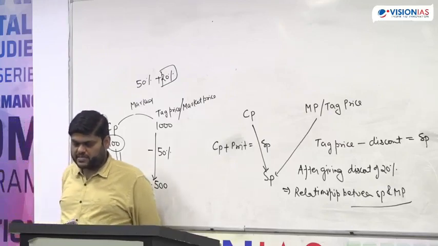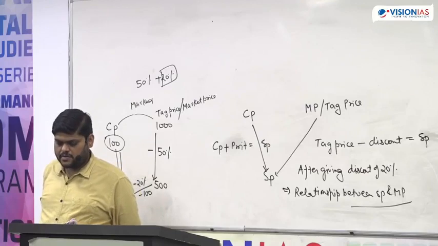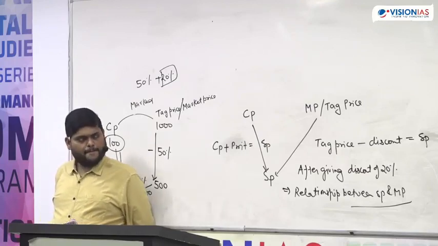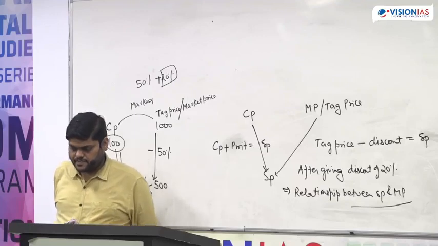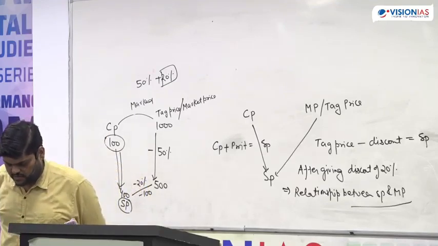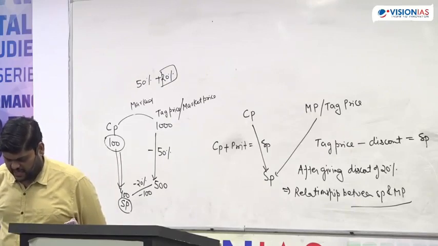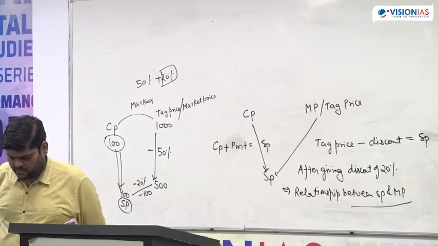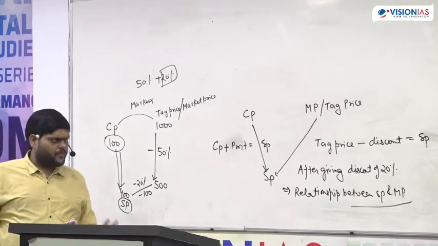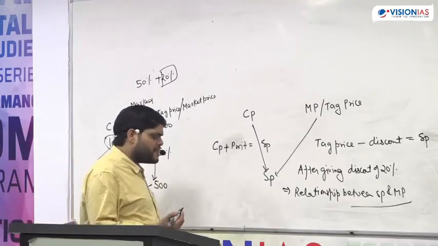Great, Gurpreet Singh, your answer is correct. Very good. Priyanka Jha, your answer is correct. Very good. Arun, Prathamesh, nice. You got the point. The relationship between the SP and MP will be what?